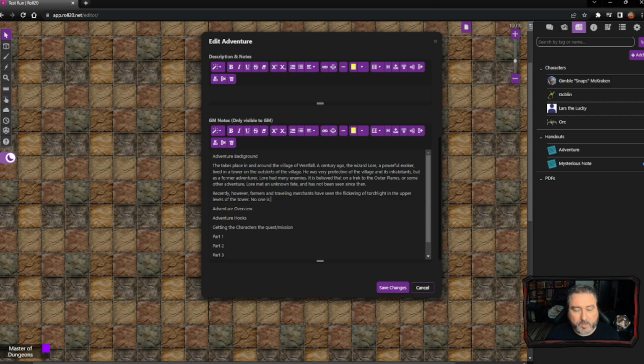No one is sure if Lore has returned or if bandits or thieves have decided to make themselves wealthy by looting Lore's tower.